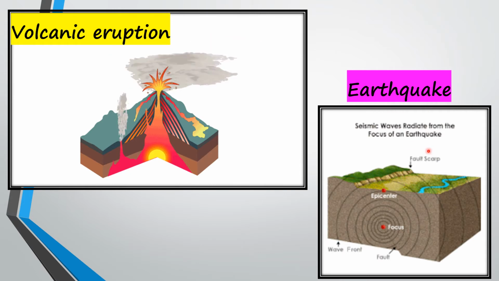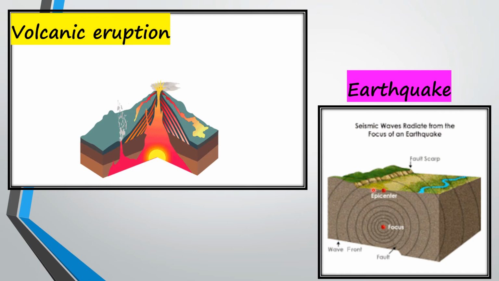The place in the crust where the movement first starts is called the focus, the point of origination of the earthquake. The corresponding point of the focus on the surface of the earth is what we call the epicenter.